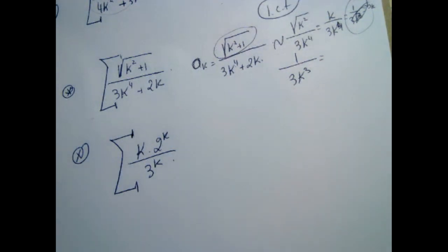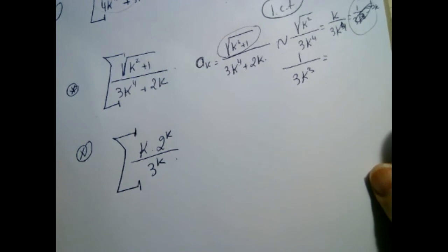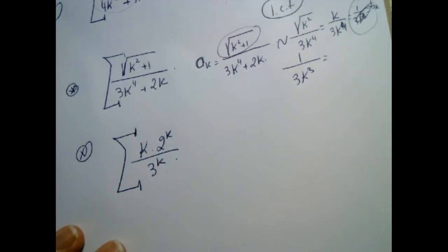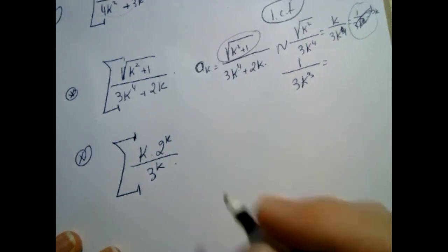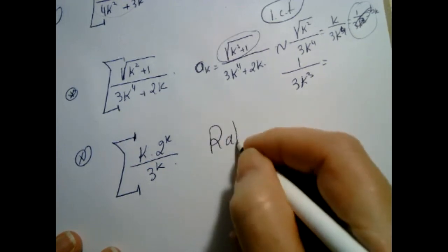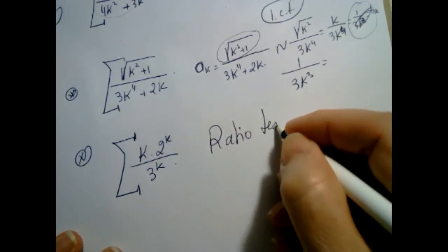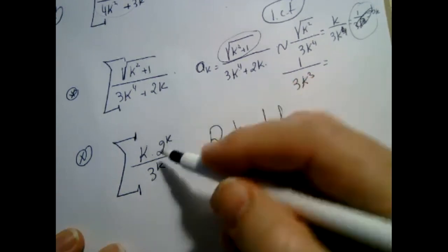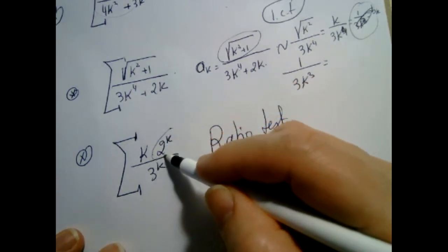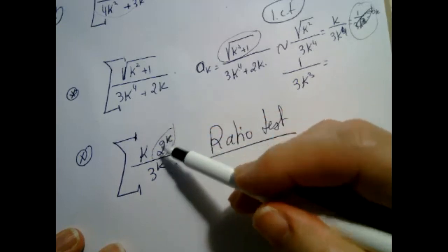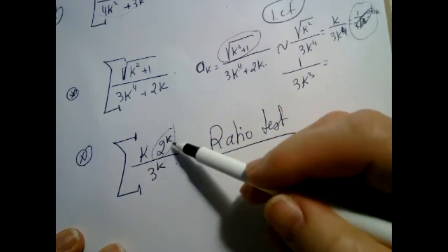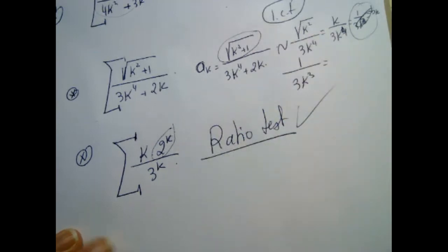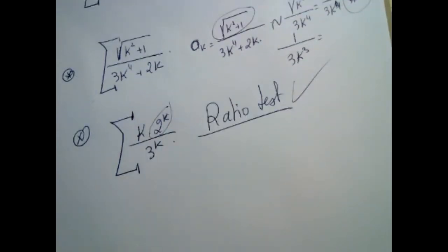All right, quickly, which test? Ratio. This screams ratio test. Whenever you see a series where you have exponential terms, 2 to the k, 3 to the k, 4 to the k, ratio test is the way to go.